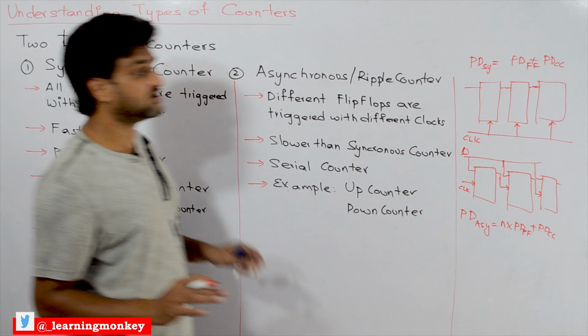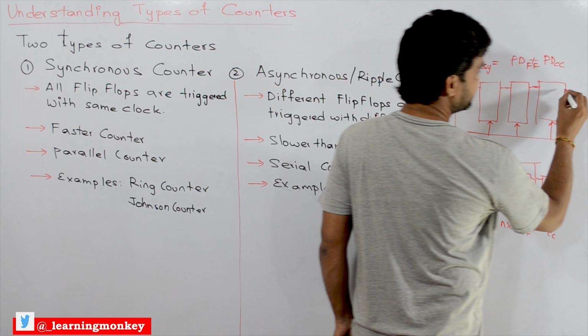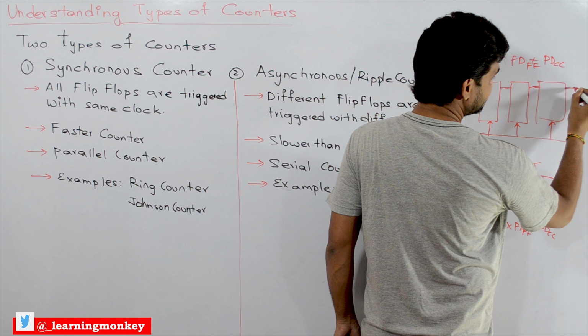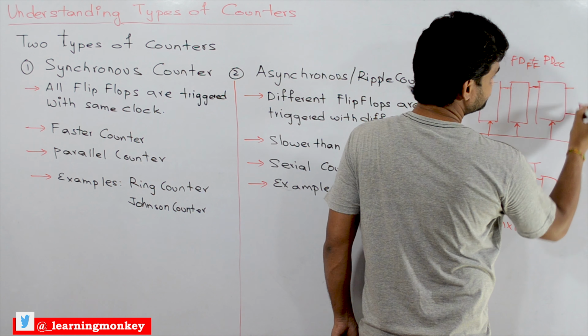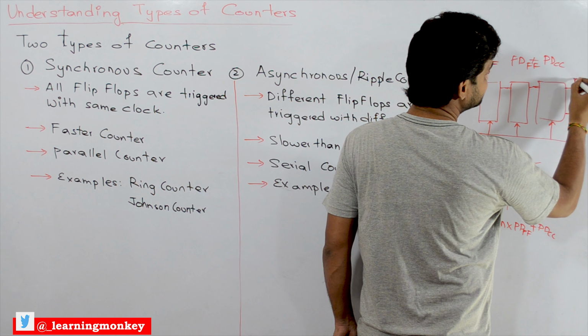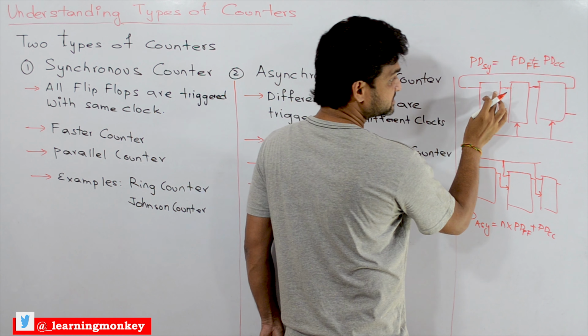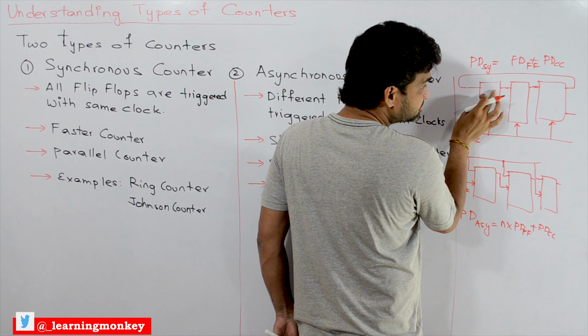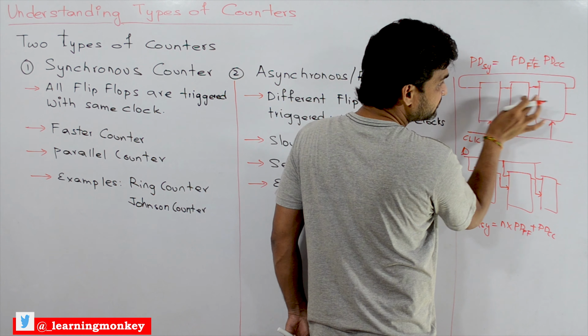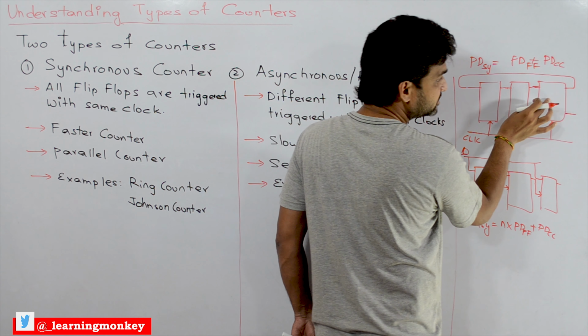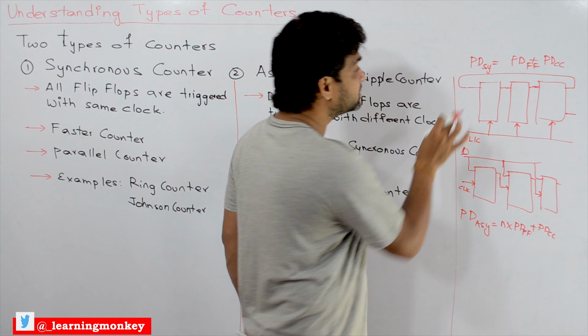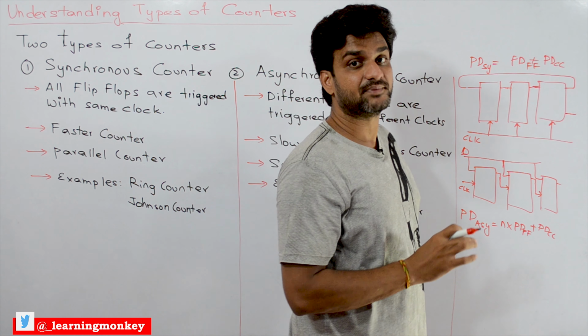So what is a ring counter? We'll just have an introduction here. A ring counter is when the output of the last flip-flop is connected to the input of the first flip-flop. We have discussed that this flip-flop's output is connected to this one, and this flip-flop's output is connected to this flip-flop. But what about the input to the first flip-flop?